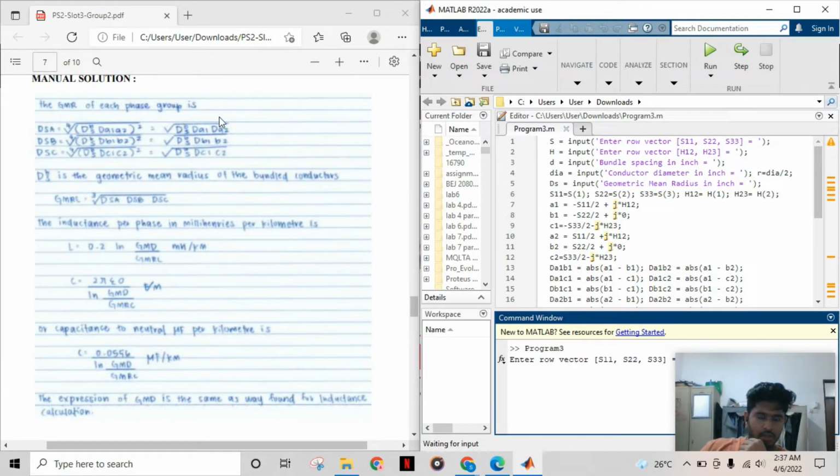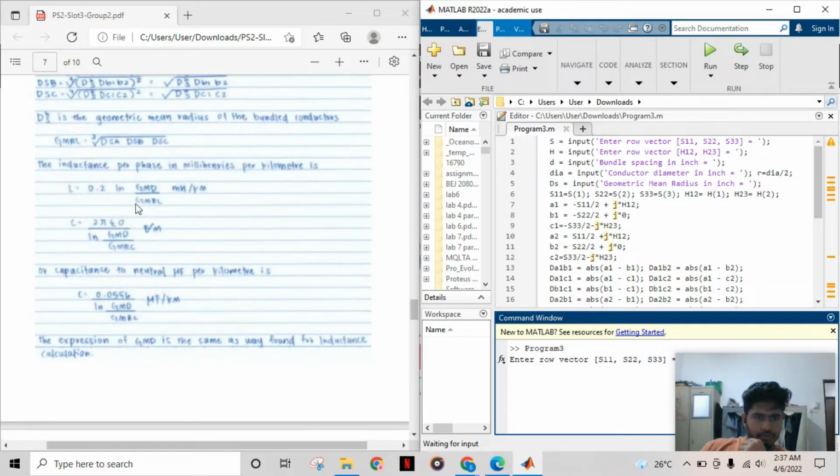These are the phase groups of GMR. This is the formula of DSA, DSB and DSC. The formula of GMRC is here. With the formula of GMRC, we have to find inductance and capacitance. Inductance equals 0.2 ln GMD over GMRL, and capacitance equals 2 pi over ln GMD over GMRC.